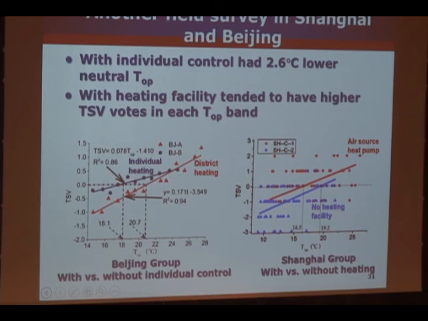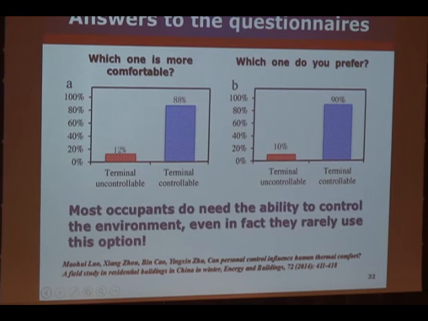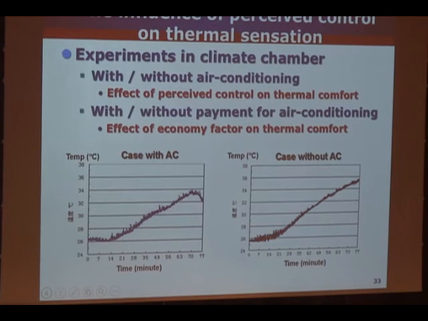So after this on-site investigation, finally we show the chamber experiment about cooling or not. The chamber experiment puts the subject into the chamber. The temperature increases. In one experiment, we call it no cooling in the room. Another one tells the subjects that there is cooling in the room and they can vote.